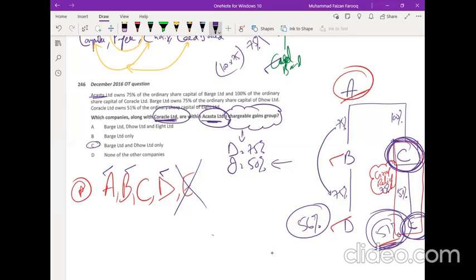In this question, we learned the last logic, which only applies in the chargeable gain group: effective holding is okay at 50%, but we have to check that C and E are forming a 75% group. Otherwise, we will not take E as a part of the capital gains group. Any questions?